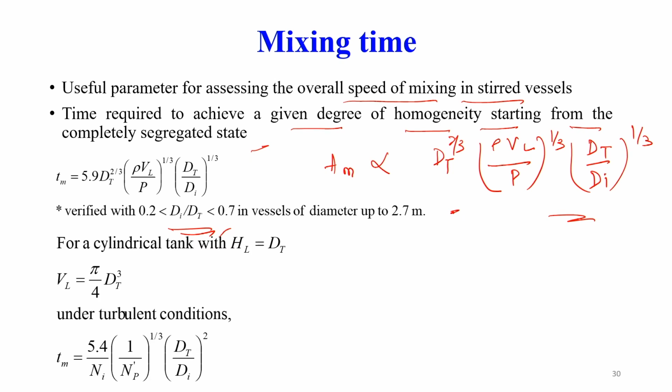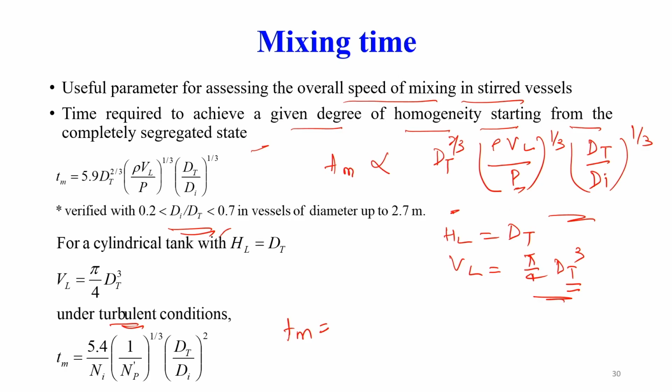For a cylindrical vessel, if you consider the height of liquid as the diameter of the tank and the volume of liquid as pi by 4 dt cube, and under turbulent conditions, you just have to put power in terms of power number and volume as pi by 4 dt cube.